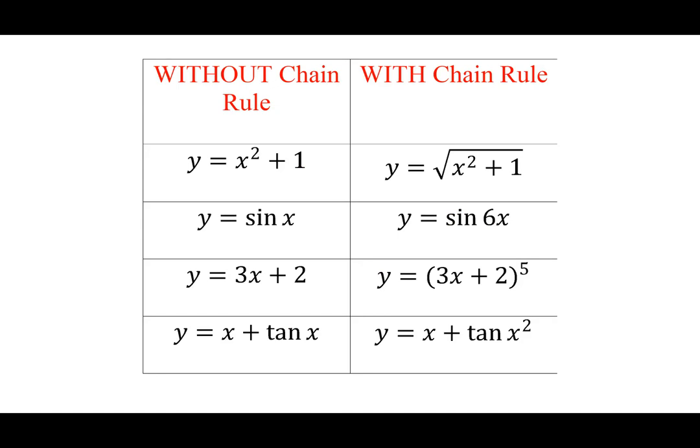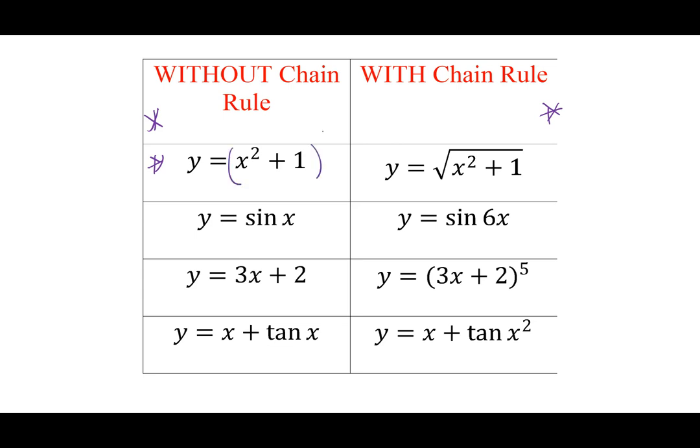So let's take a look at the left-hand column. These are examples of problems where you would not have to use the chain rule, compared to the right-hand side where you would have to use the chain rule. And again, you're going to have to use the chain rule in the second column if something could be made using a composite. So if you look over on the left side in the first row, you have x squared plus 1. That's a simple function.